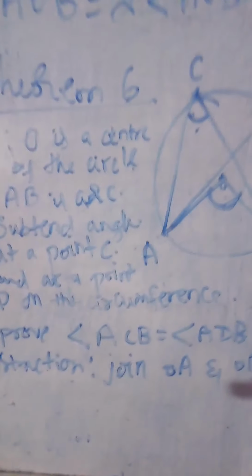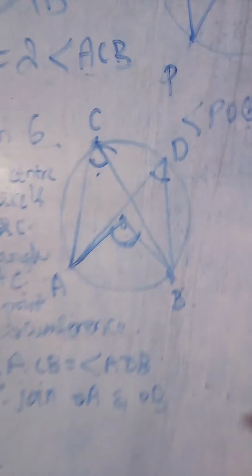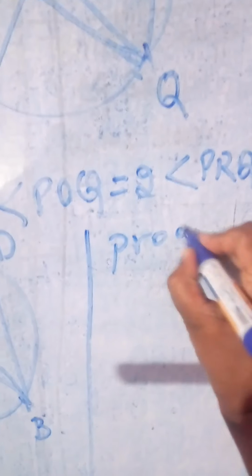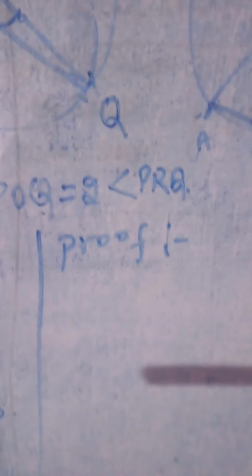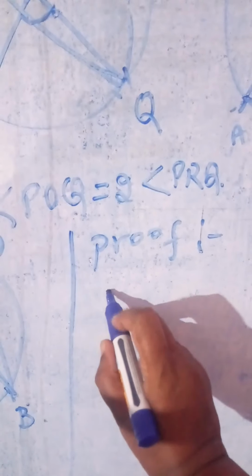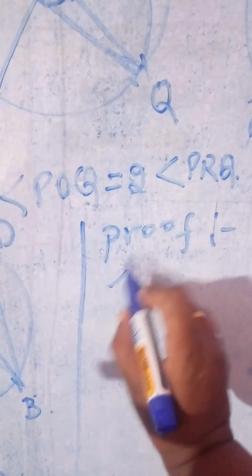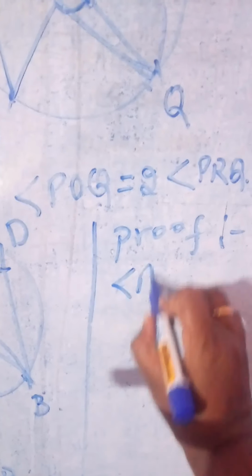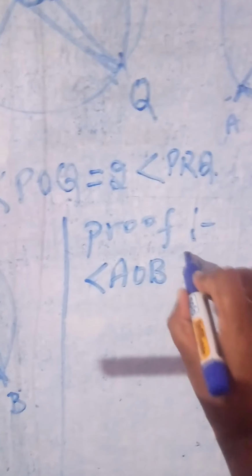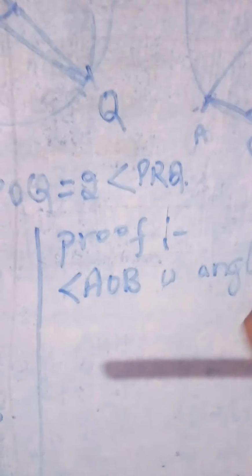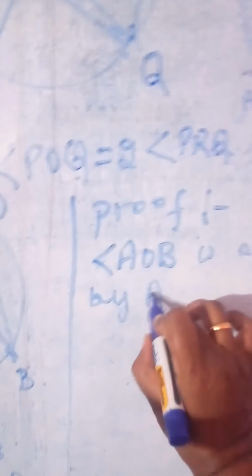So now we need to prove. I will write the proof here. Proof: angle AOB is the angle subtended by arc AB at the center.